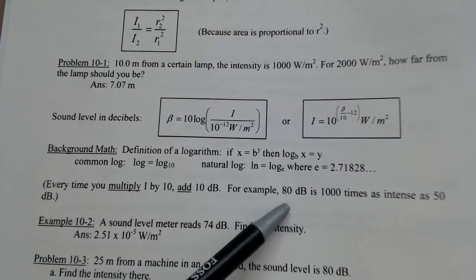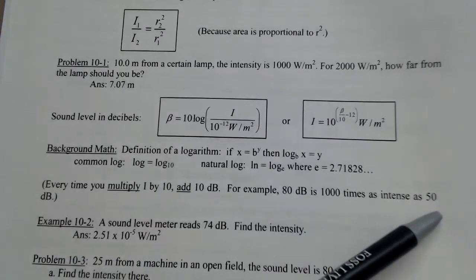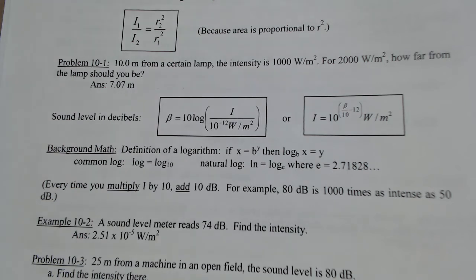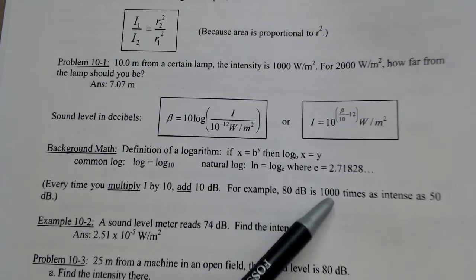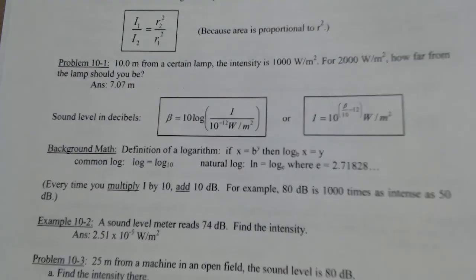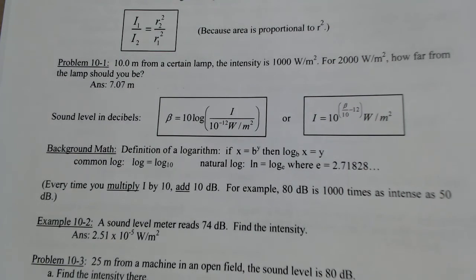Here it says 80 decibels is 1,000 times as intense as 50, because 50 to 60, 60 to 70, 70 to 80, that's 3 factors of 10 that you multiply together. 10 times 10 times 10 is 1,000. So if you wanted to compare 90 decibels to 50, that would be 10,000 times as intense. Every time you multiply the intensity by 10, you add 10 to the number of decibels.